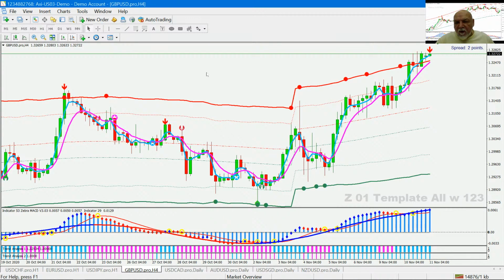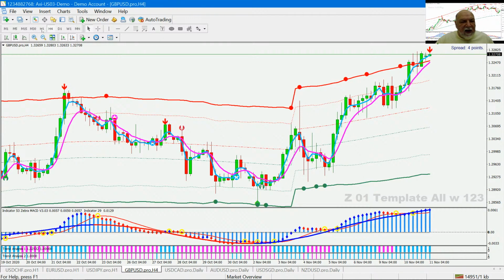All right, the 4 hour, see the 4 hour is way out, way out. So this is indicating the price is still moving up, which is what the daily really indicated, okay? So how far this will move up, I don't know. We have to wait till the end of the day.